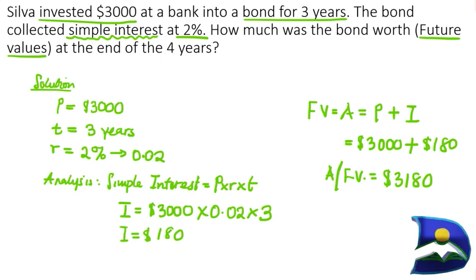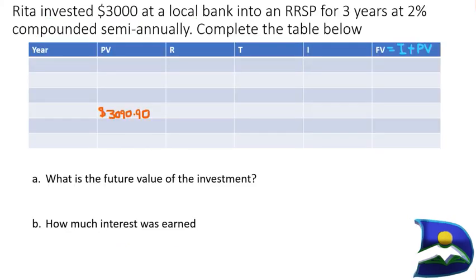And next is how this process is done through compound interest, and how you determine how much money is made if this is compounded semi-annually. So let's look at this process. We have maybe one part filled out, but that's not going to be the case on your worksheet, so you want to be able to deal with this properly.